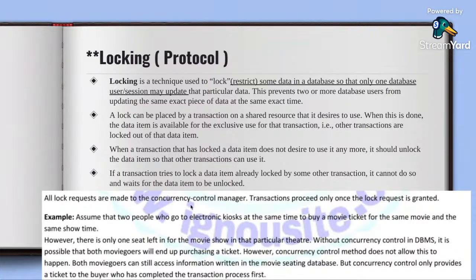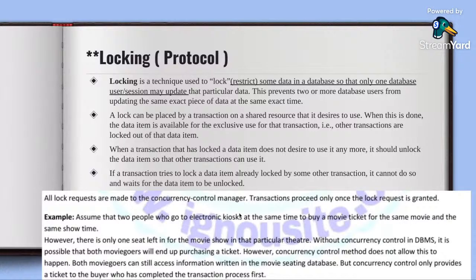So the concurrency control manager is going to grant that request, and that transaction will lock that data item. Another transaction request comes in to the concurrency control manager, wanting to make changes to that particular data item simultaneously, but you can't do that. So the concurrency control manager is not going to fulfill that request.